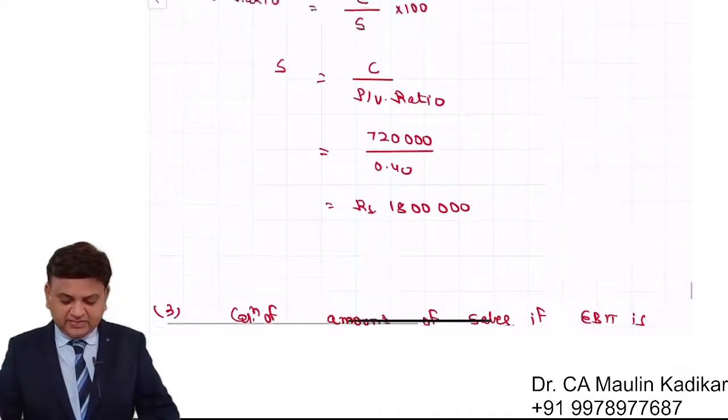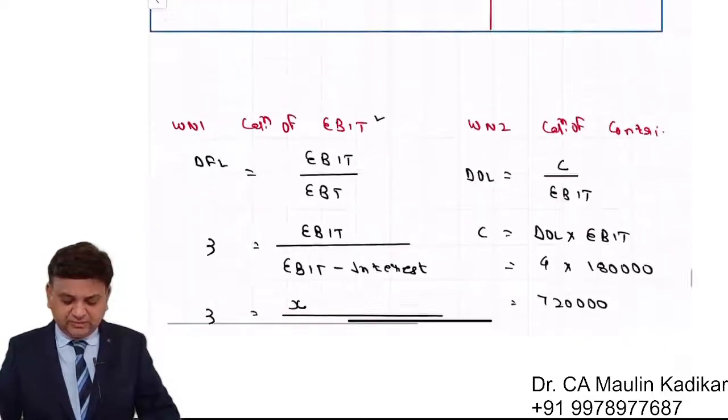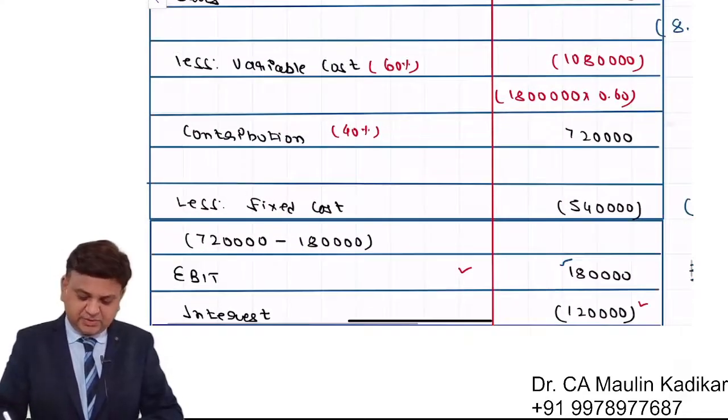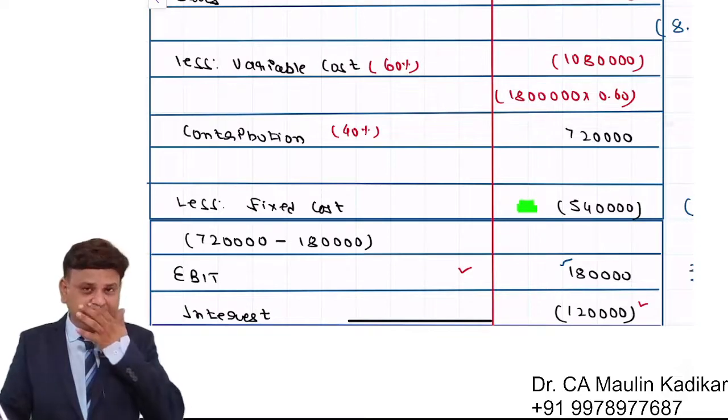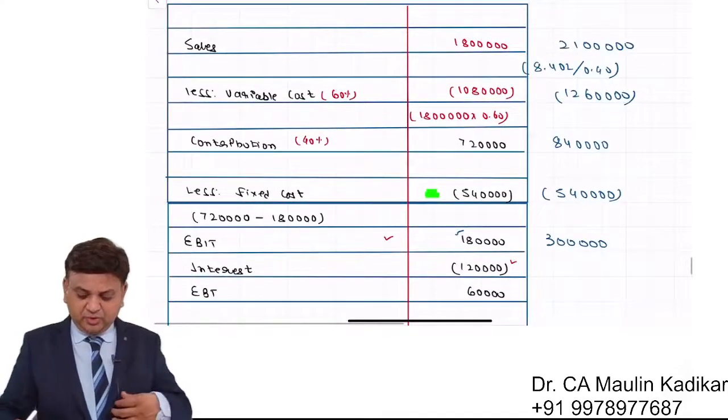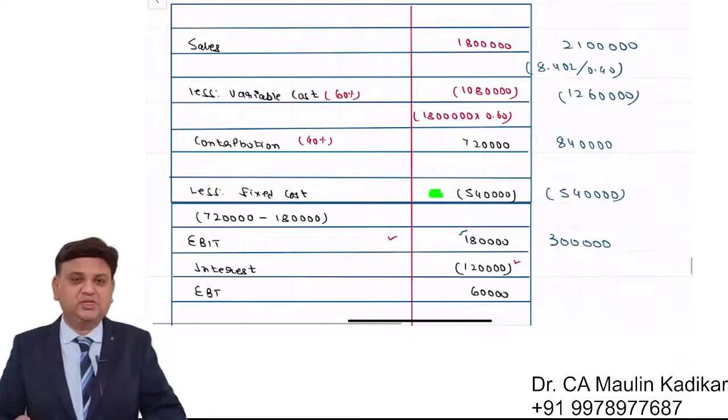Basically, a number of times students have not calculated the amount of the fixed cost in the first part of the question. That is the reason a student may give an answer like this. I give reply to you as to why this answer is wrong.